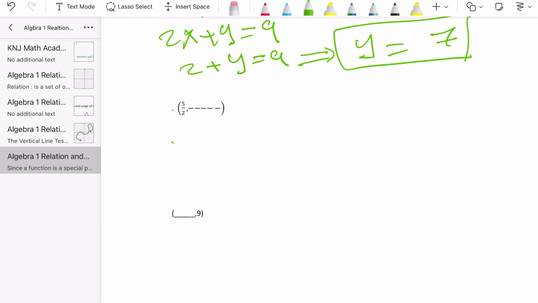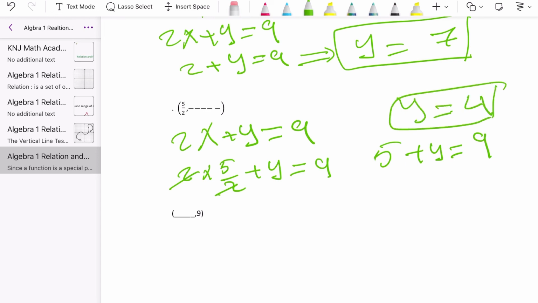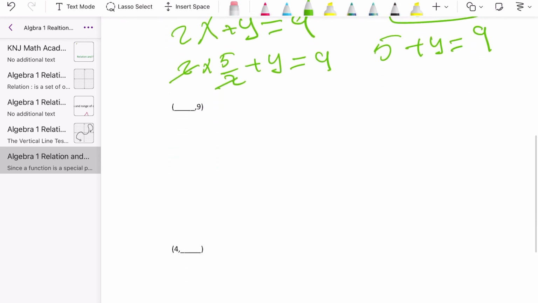It is the same function, the same equation, 2x plus y equals 9. In this case, x is 5 over 2, so it's 2 multiplied by 5 over 2 plus y equals 9. If you simplify this, you will get 5 plus y equals 9, so y equals 4. So by solving this equation, I got the other pair for this function.